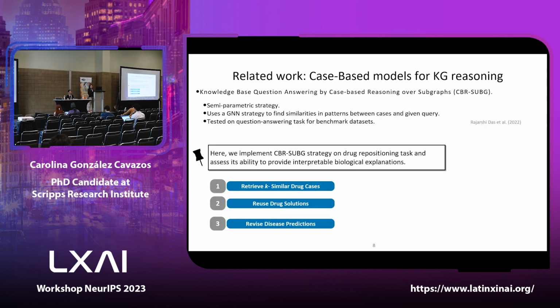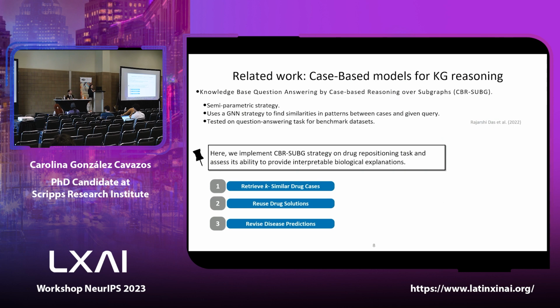Case-based reasoning for knowledge graph prediction was developed by Andrew McCallum's research group in 2022 at UMass. They use a subgraph strategy, and in their work, they use a semi-parametric strategy where they retrieve similar cases with no previous learning. They use a graph neural network approach to identify similar patterns between similar cases and a problem.